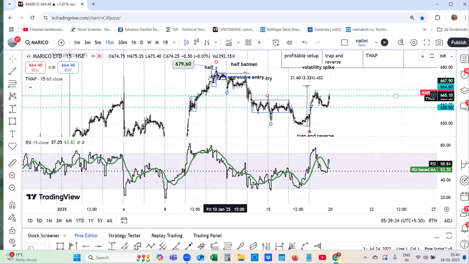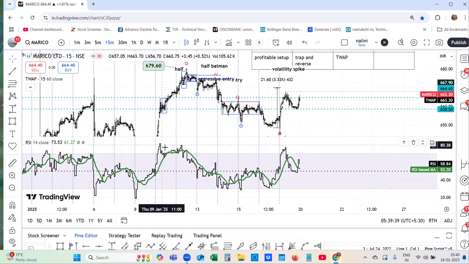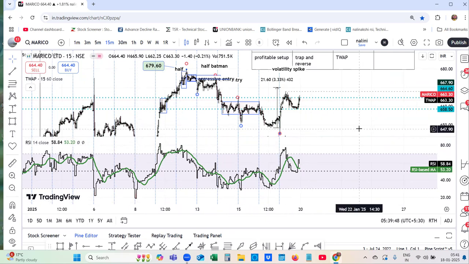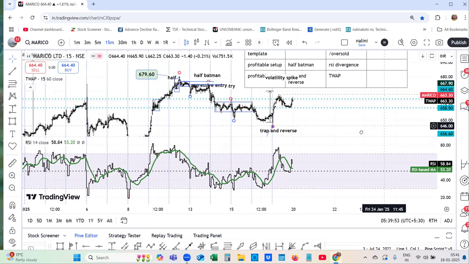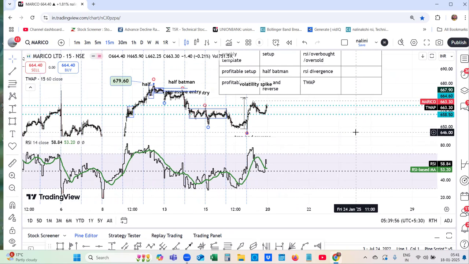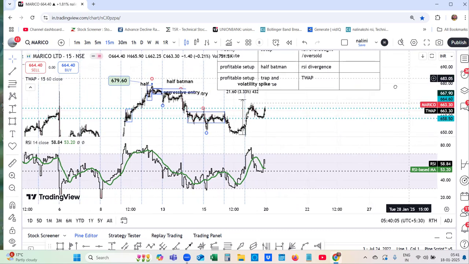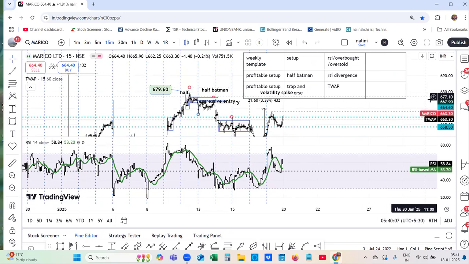And this pattern appeared on the market with the help of RSI showing oversold position, RSI divergence, RSI in overbought and oversold condition, and we are seeing this pattern trap and reverse as well as the Off Batman pattern. This is the pattern which is recognized very frequently in the forex market. Even in our equity market also, we are able to identify this pattern.